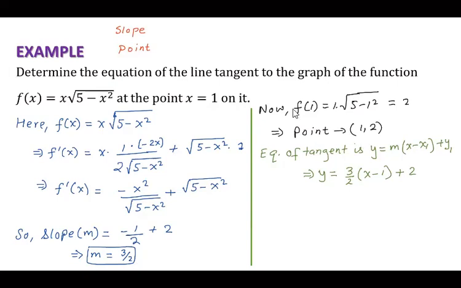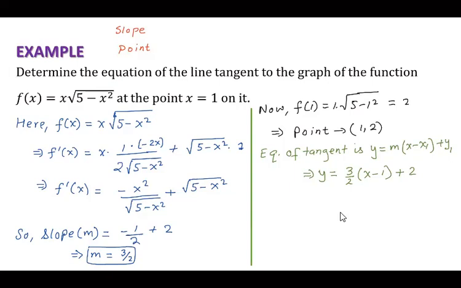Second step, we plug in the value of x into the function and we got the point. Third step, we plug in the values of slope and point into this equation, which is the equation in point slope form. Now, fourth and the final step is to simplify that and get the final answer.